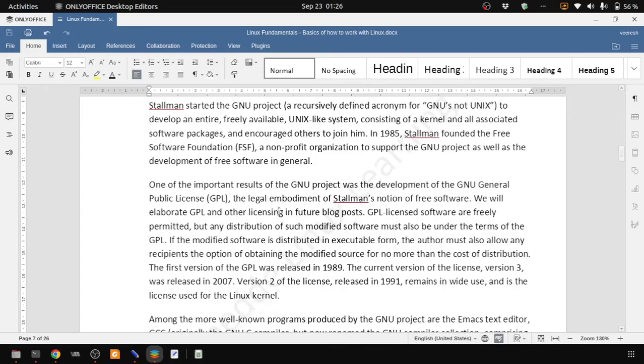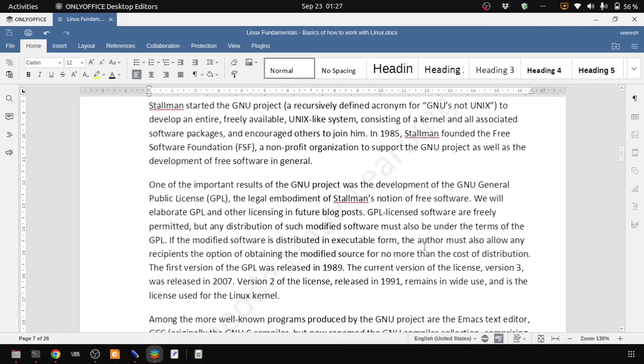One of the important results of the GNU project was the development of the GNU General Public License, GPL, as it is called. I am not going to get into detail on this, but just to be aware: if you say Linux is free, that's not entirely the case. There are GPL versions 2, 3, 4, and I think recently 5 also, with a lot of clauses.